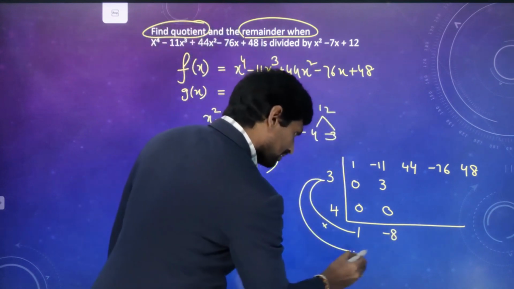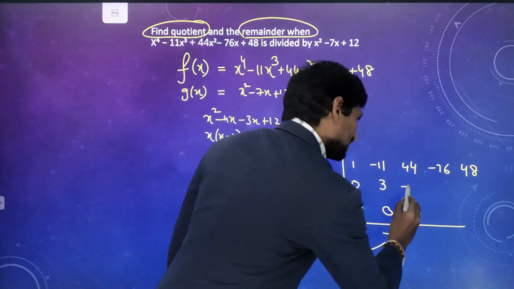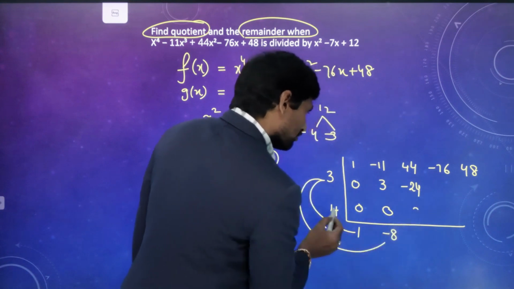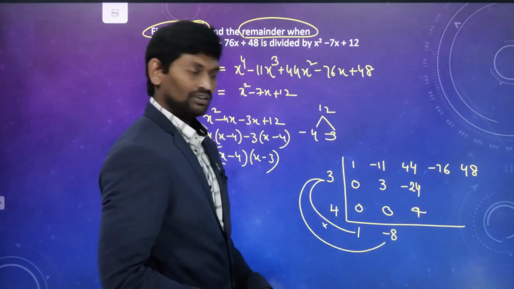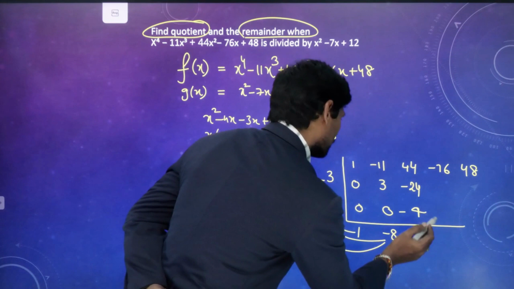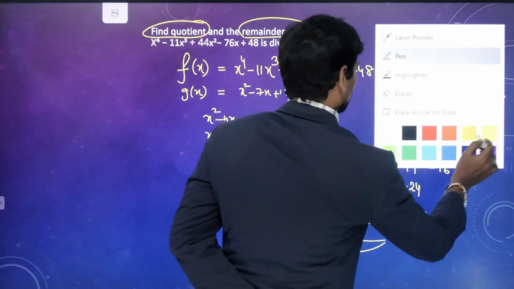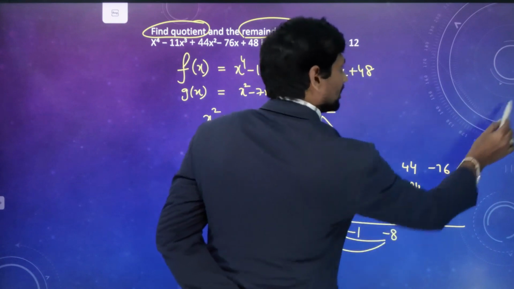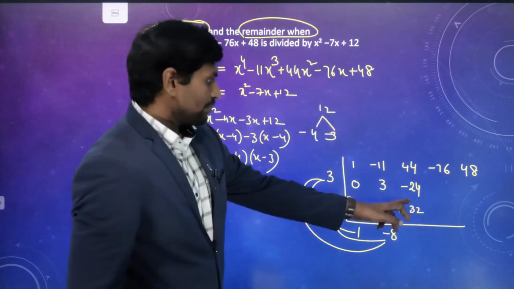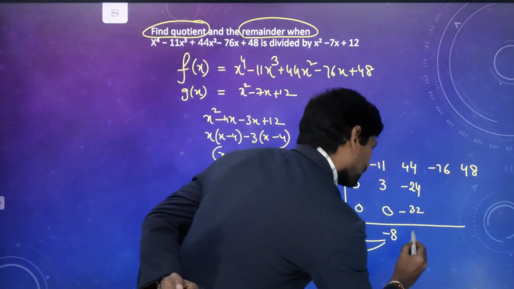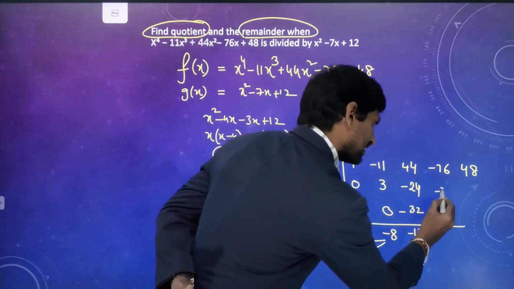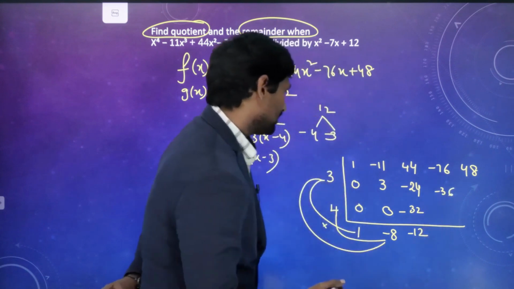Again 3 into minus 8 is minus 24. Now 4 ones are 4. Sorry, 4 into minus 8 is minus 32. So minus 56 plus 44 becomes minus 12. And 3 twelves are 36, so minus 36 here.